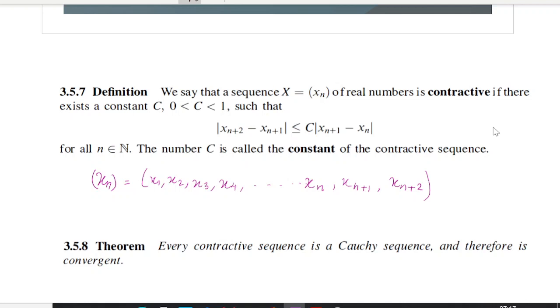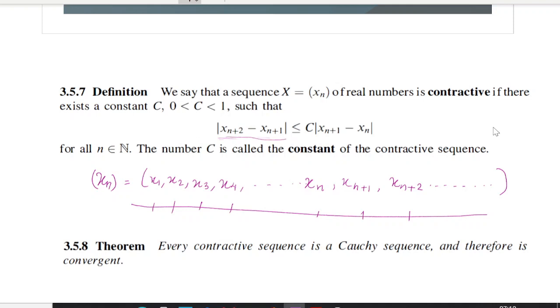Now, if I represent this on the real line, the distance between xn plus 2 and xn plus 1 is the meaning of modulus of xn plus 2 minus xn plus 1.